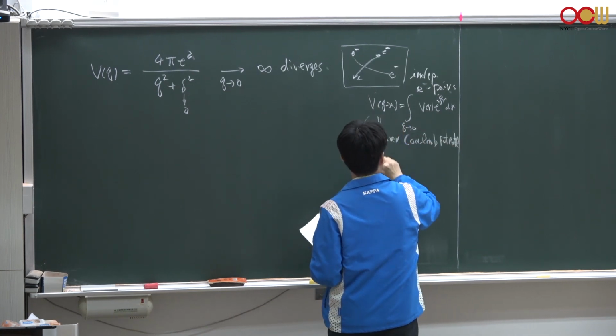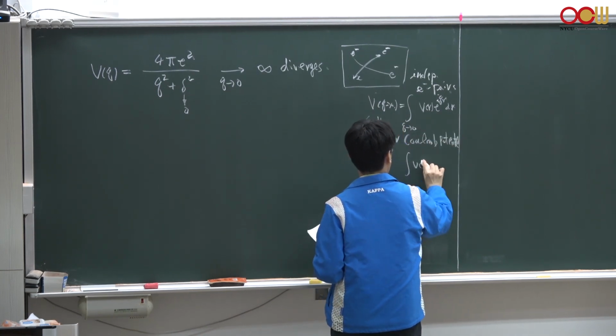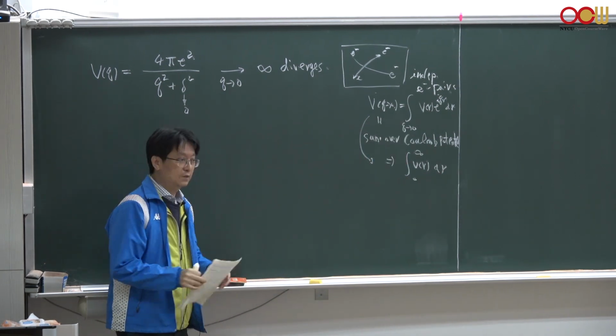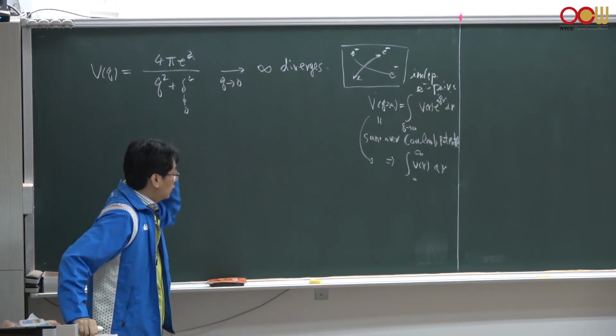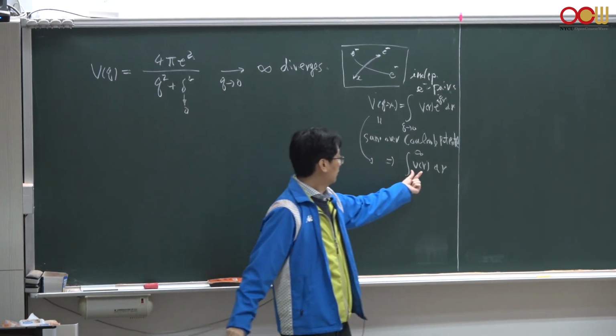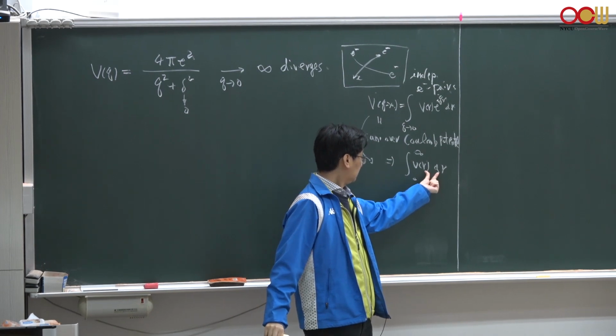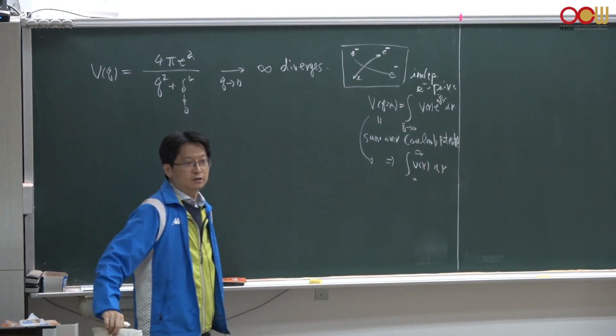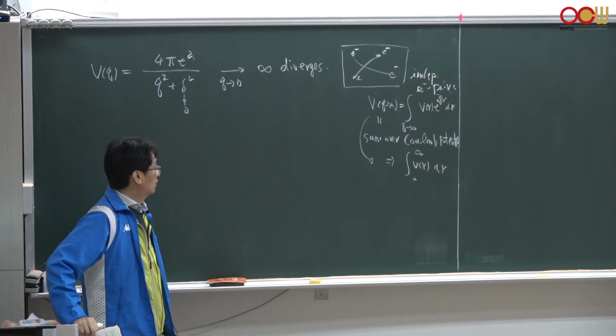As I mentioned, if V of r is the long-range 1 over r potential, and you sum over this V of r dr, you get infinity. That's the nature of a long-range interaction.